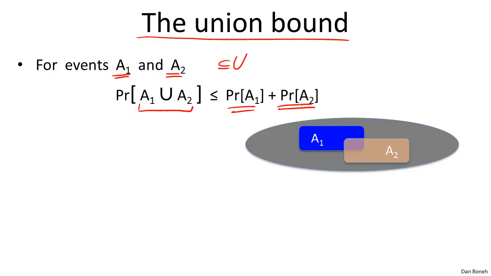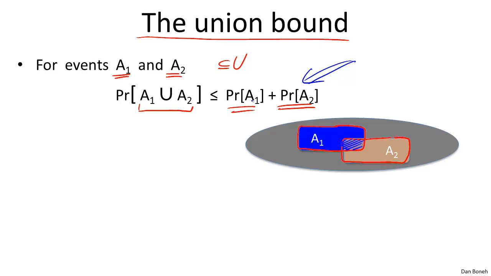And that's actually quite easy to see. So simply look at this picture here. You can see that when we look at the sum of the 2 probabilities, we're summing the probability of all the elements in A1 and all the elements in A2, and you realize we kind of double summed these elements in the intersection. They get summed twice here on the right-hand side.